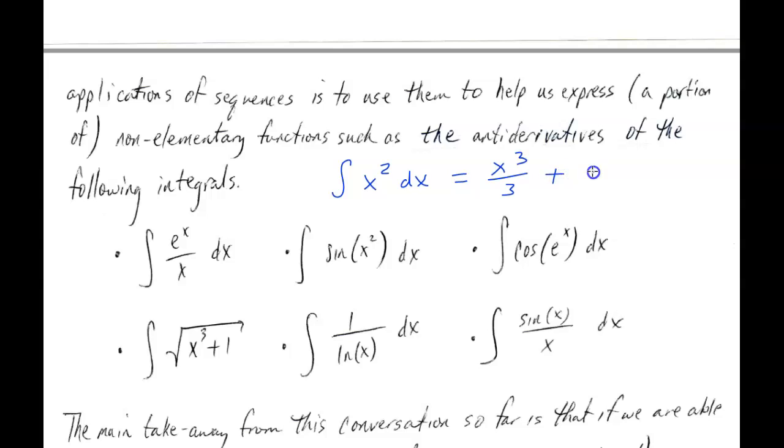And of course, there's a plus c at the end. Because we're able to do that, it's attractive to somehow rewrite a function like this in a polynomial-like form, so that we can take whatever result we get and do simple stuff like this to get the antiderivative. So that is the main idea, okay?